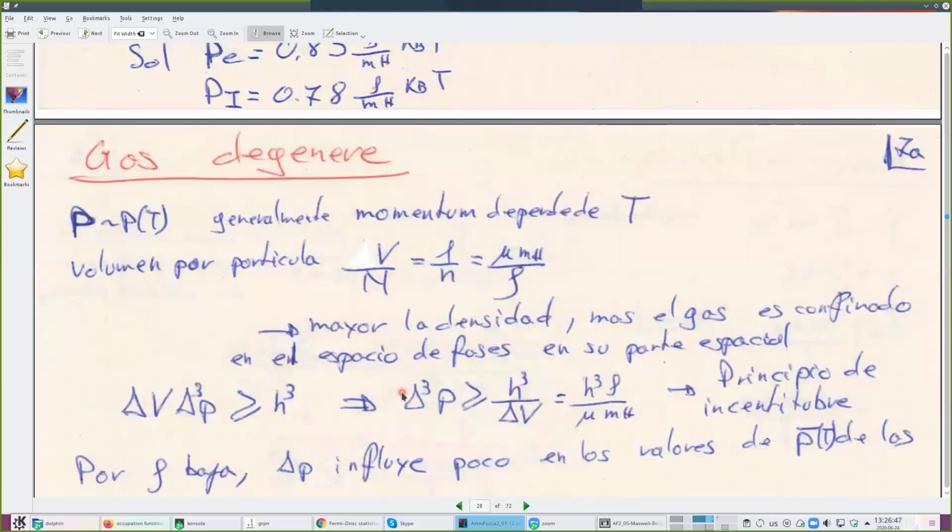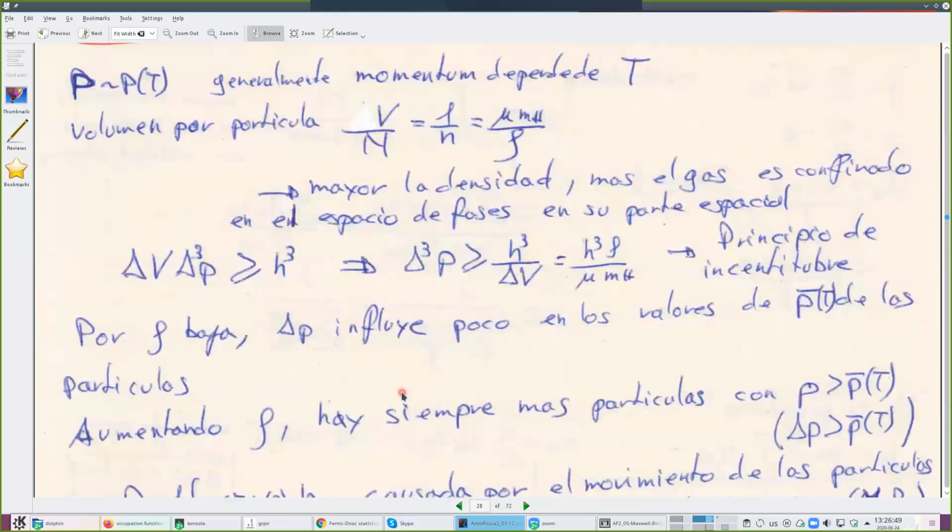One part that is really important to understand, I stress again, is about the degenerate gas. Usually we say that perfect degeneracy can only happen at absolute zero temperature, but that is not possible.